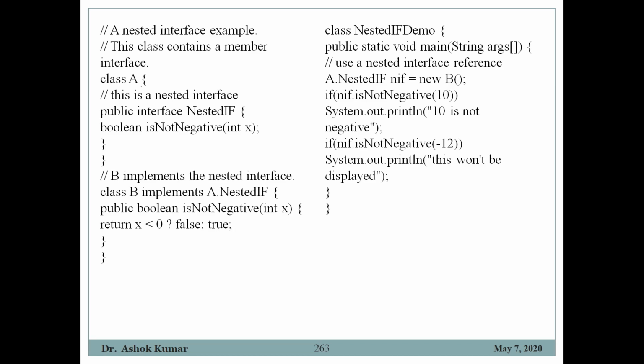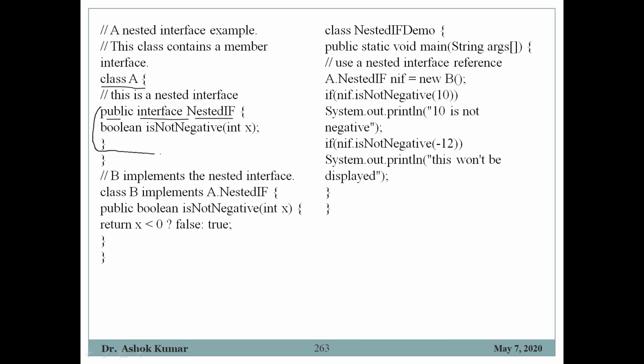So we have in this case a class A, and in this class we have one interface. See here, this is the interface. The interface name is nested IF, nested interface, and it's of type public.